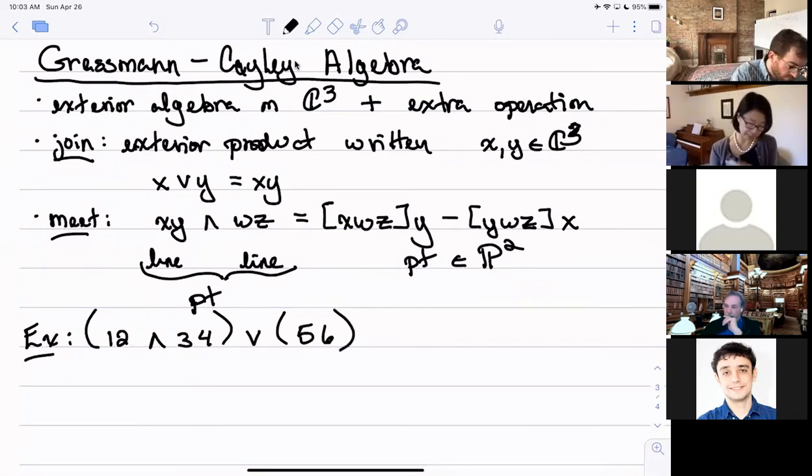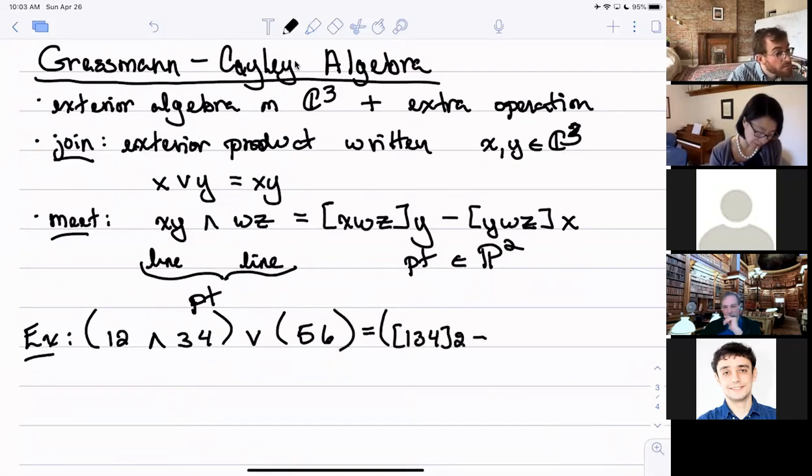So what is this? Well, I'm going to do what's in parentheses first. So that would be the bracket 1, 3, 4, 2 minus the bracket 2, 3, 4, 1. And then this is joined still with 5, 6.